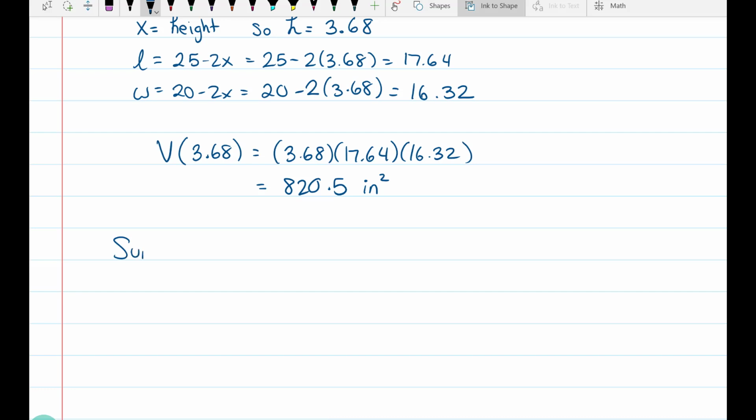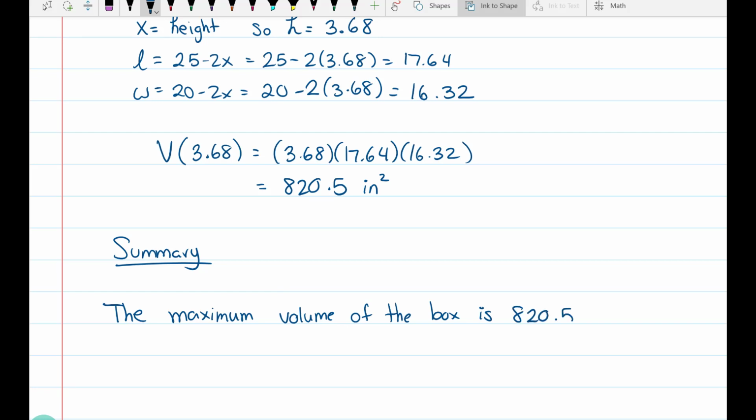And here's how we write our answer. For the summary, we have the maximum volume of the box is 820.5 inches when you cut 3.68 inches from each corner.